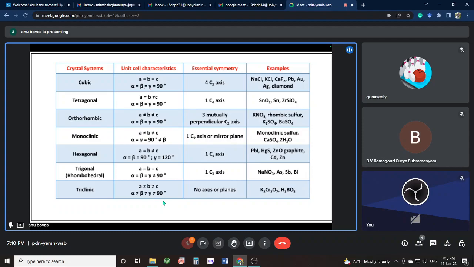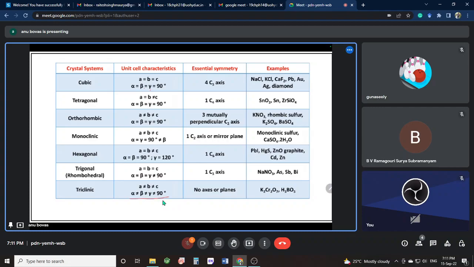For example, cubic is the most symmetrical system with all the lattice parameters a equal to b equal to c, alpha equal to beta equal to gamma equal to 90 degrees. Whereas triclinic is the least symmetrical system with none of the parameters being equal to each other.